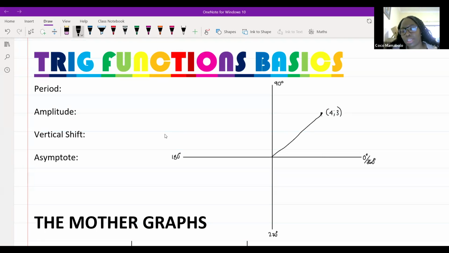And then we can create a triangle by dropping that y value. If this is my angle theta, this x value, or the distance from there to there, is 4. The distance from here to there is the y value, which is 3.